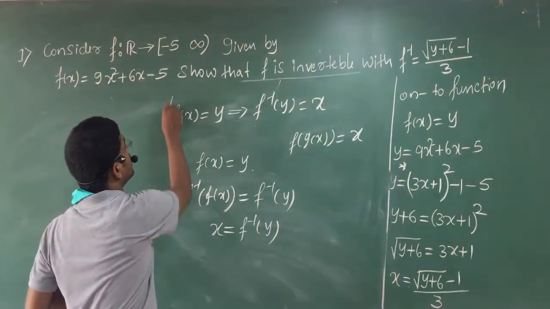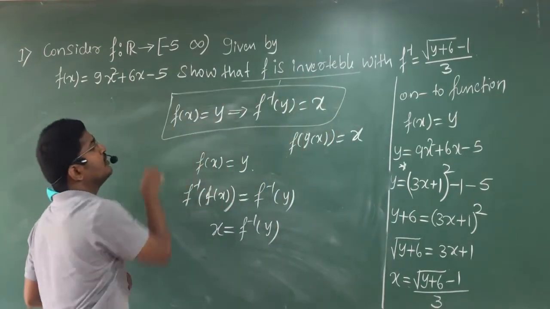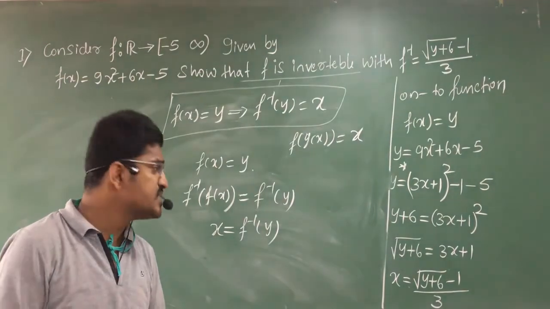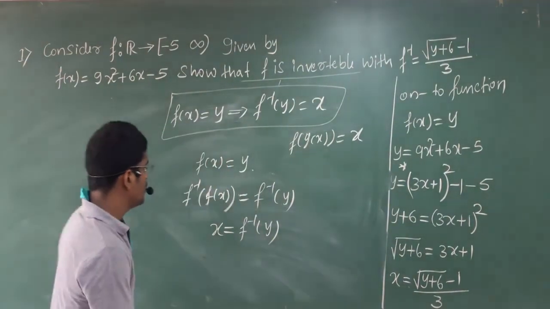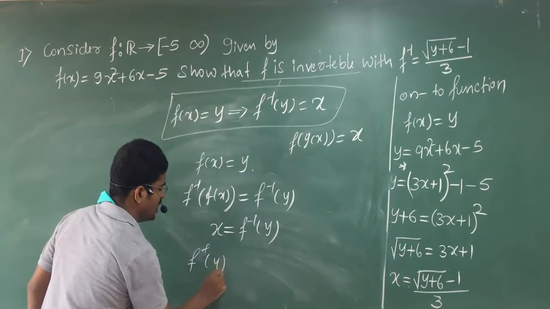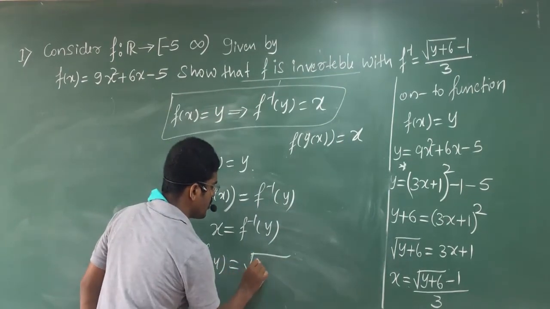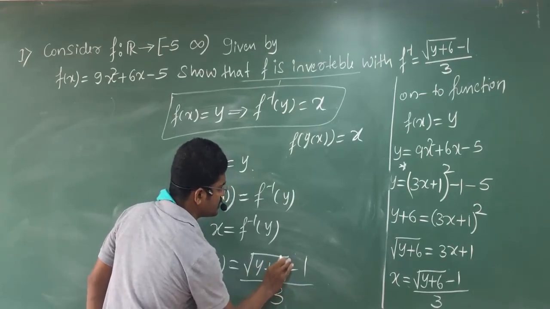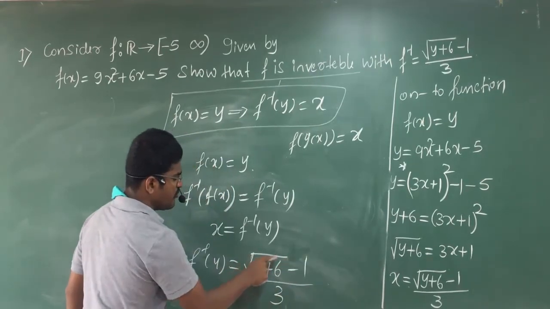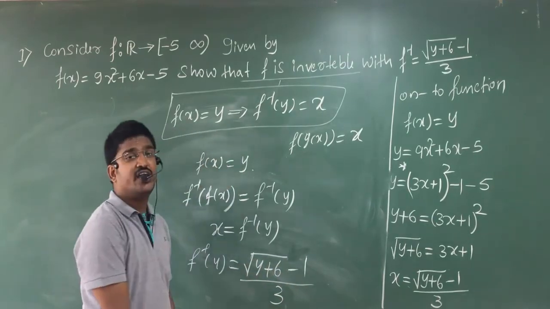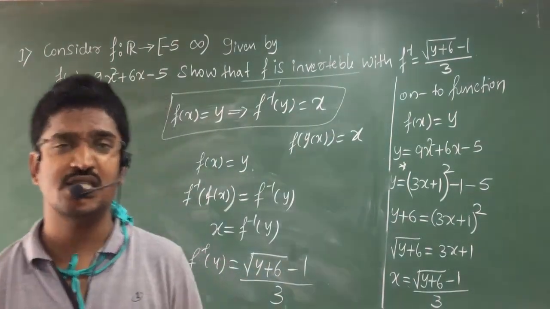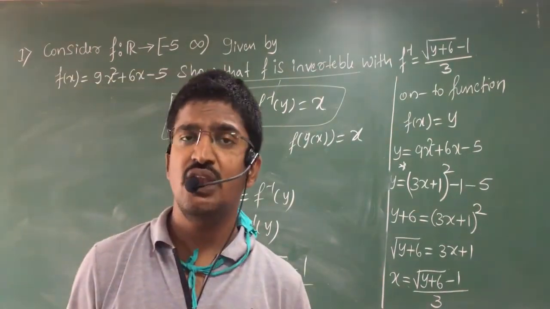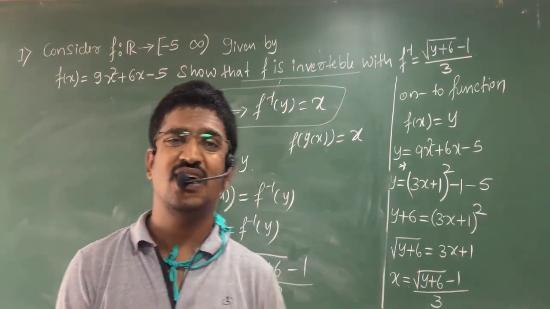From that you come to know that there exists an inverse image, where f inverse of y equal to square root of y plus 6, minus 1, divided by 3. Okay students, so this was one of your problems. In the next session I will continue with the next examples.